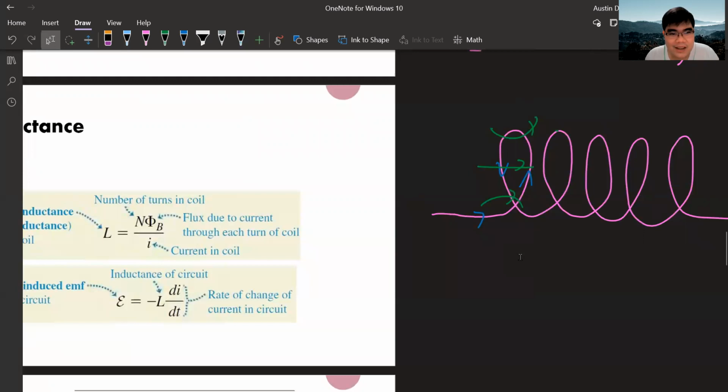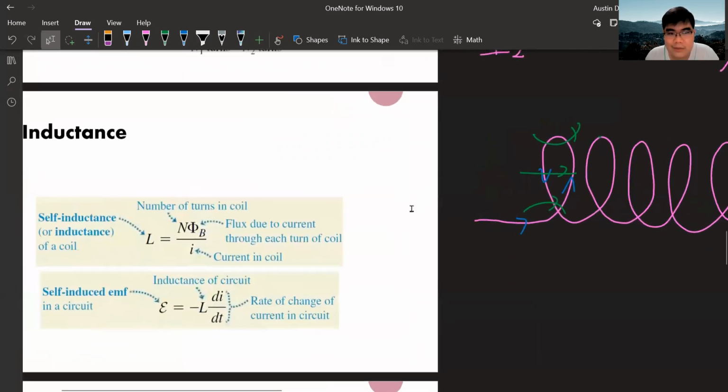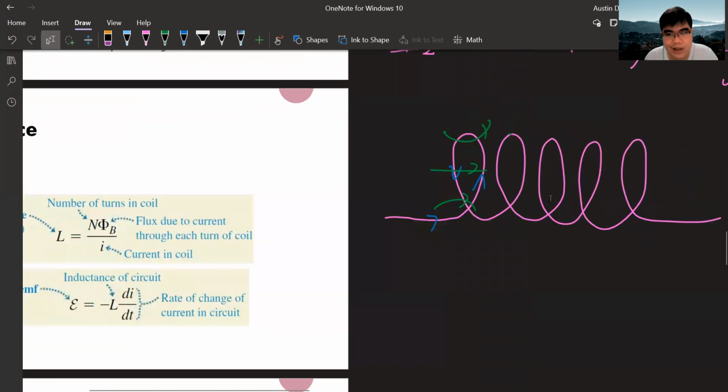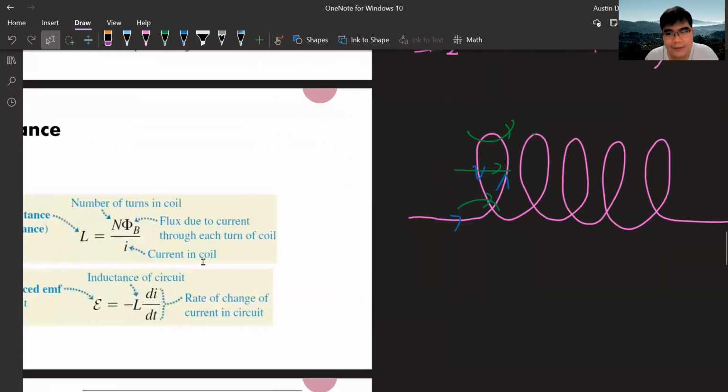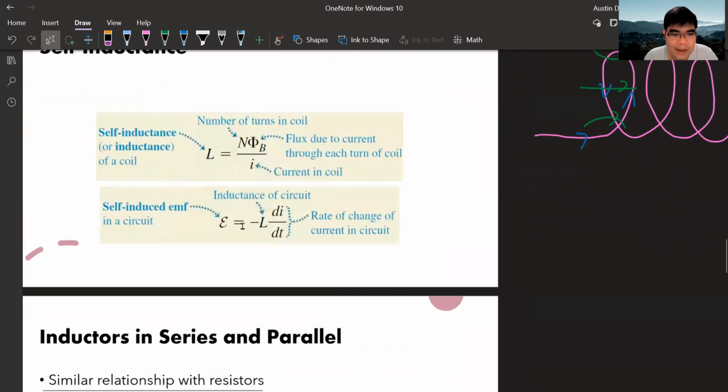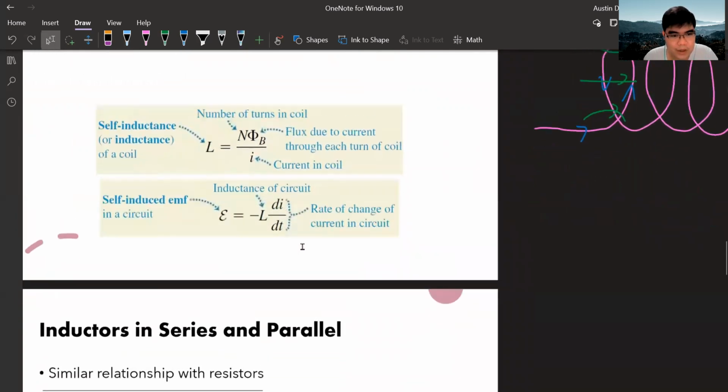So may magnetic field siya, meron din siyang area. So ano yung amount of that flux? Then there's a current in the coil, at isa lang yun kasi isa lang naman yung current na dumadaloy sa kanila lahat, di ba? And with that, the induced EMF is like this. Okay, negative L dI over dt.